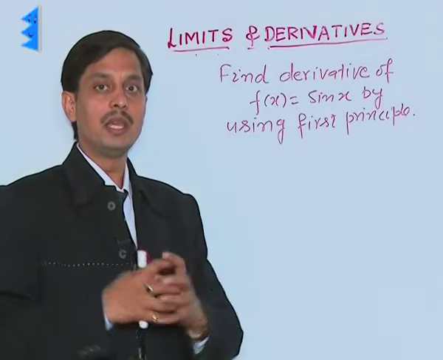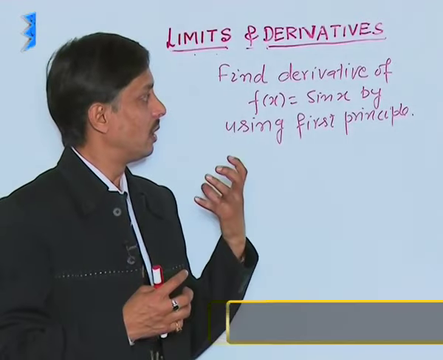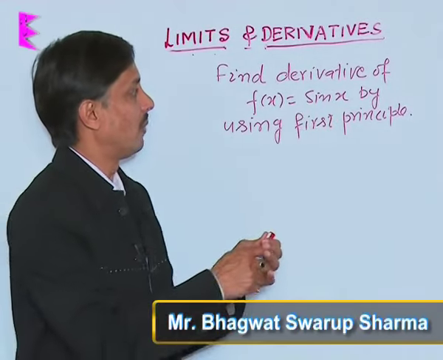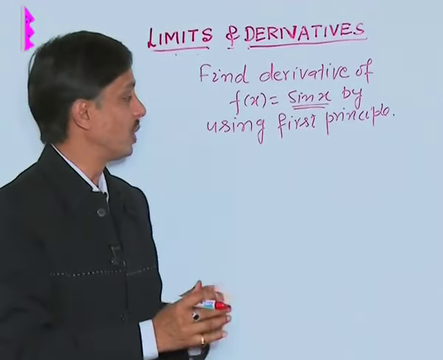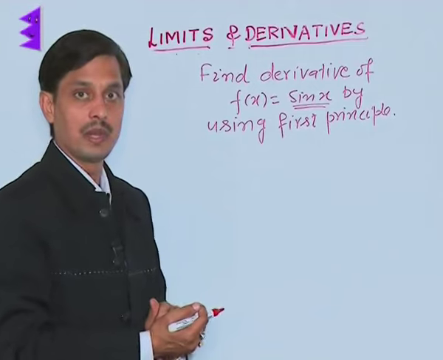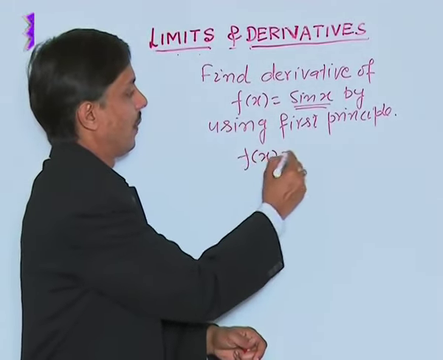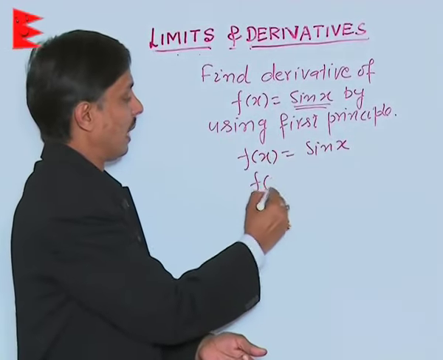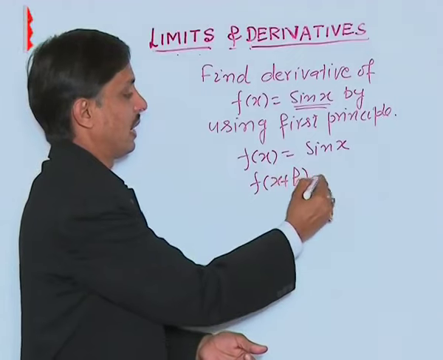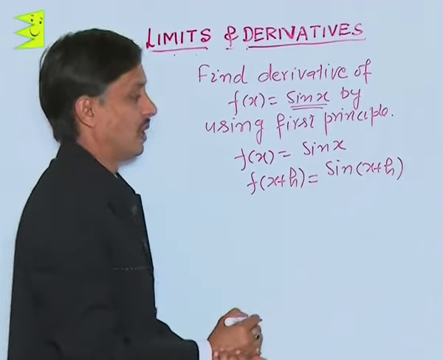Now I am taking a problem where we will calculate the derivative of the function sin x by using the first principle. We have f(x) as sin x. So we will need f of x plus h, which is required for applying the first principle.